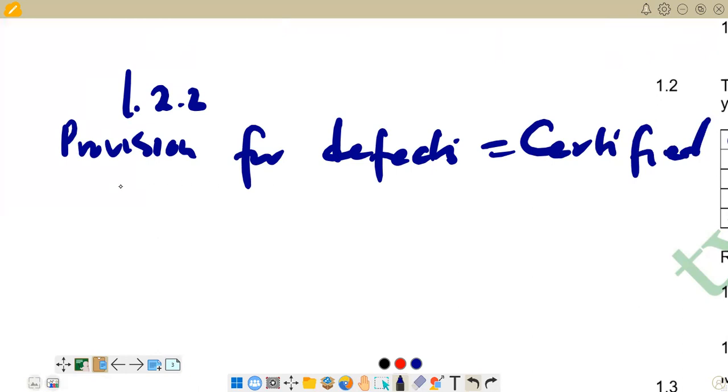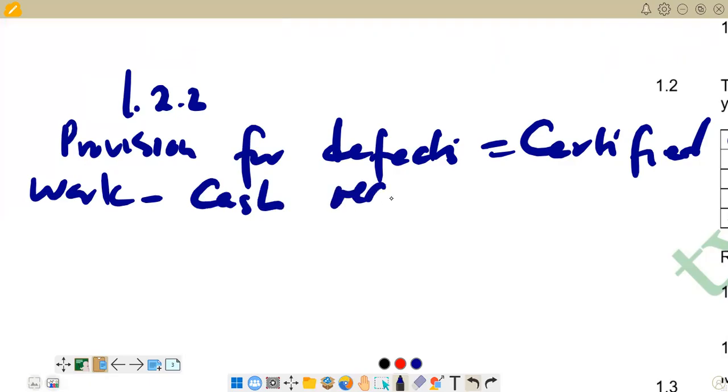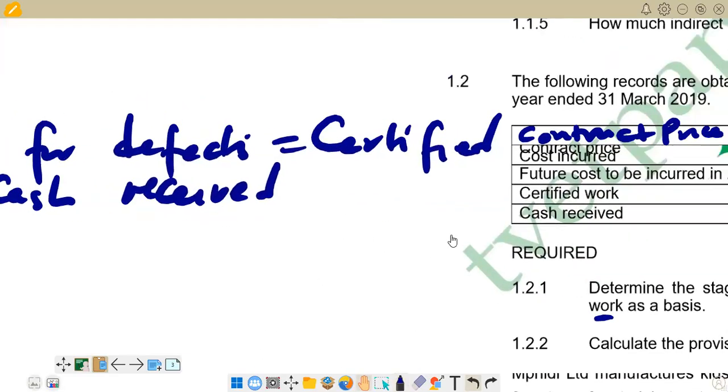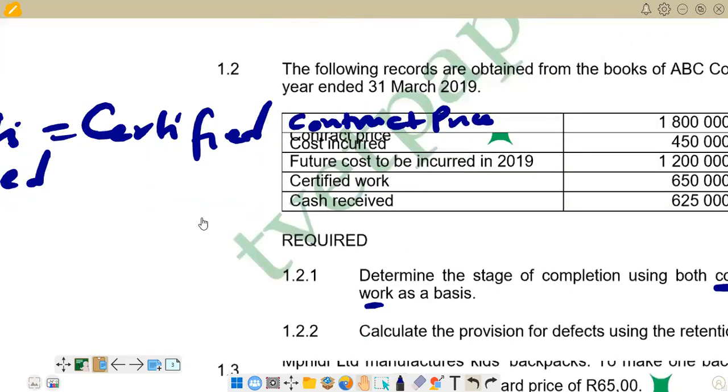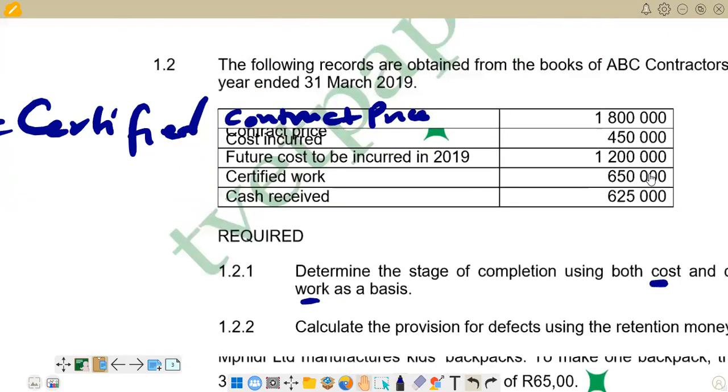Certified work, and then we subtract the cash received. Let's check those figures. Certified work is here 650,000, and then cash received 625,000.